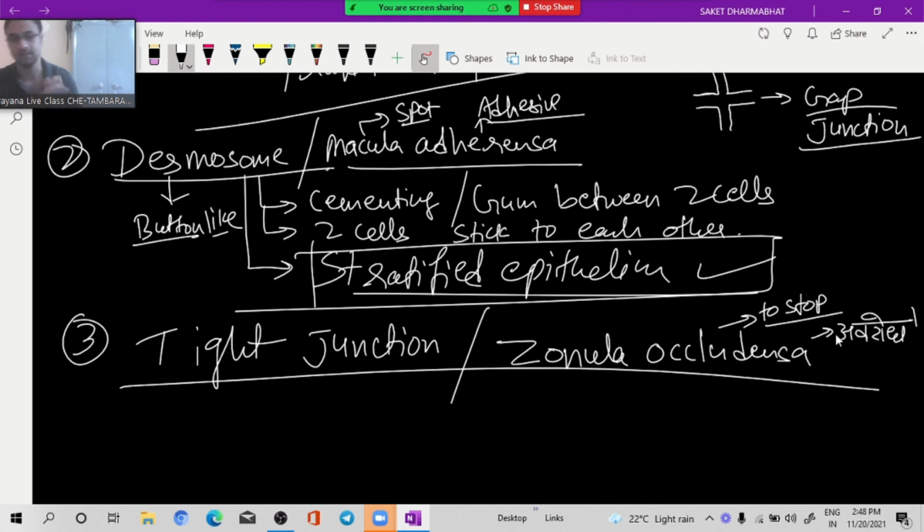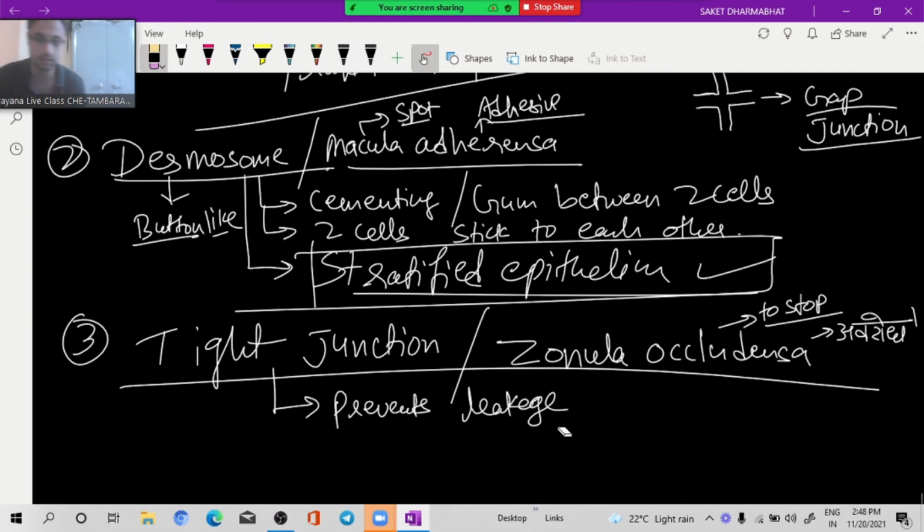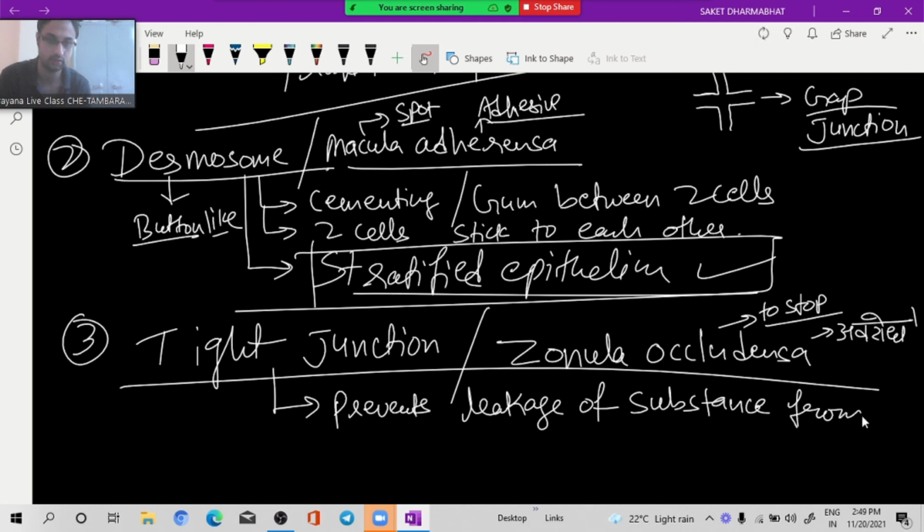That's what tight junction, zonula occludens, does. It prevents leakage of substances from epithelial tissue.